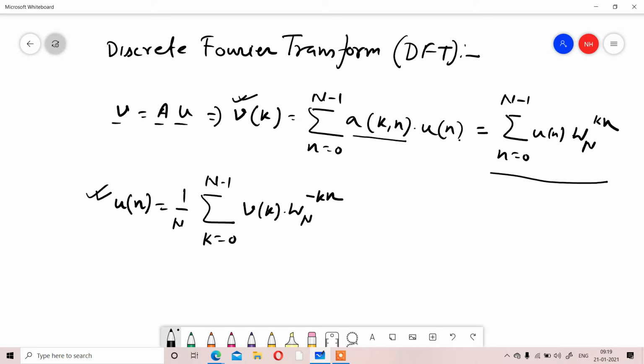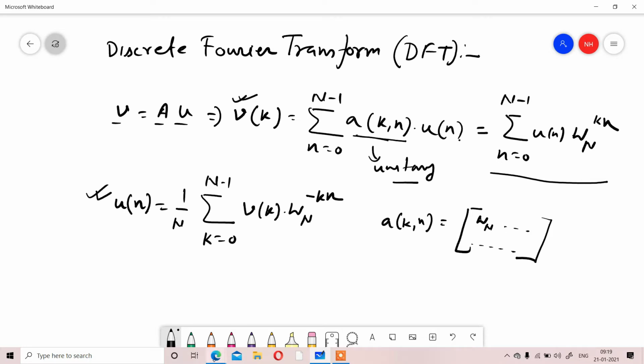Means A K n must be a unitary matrix for the discrete Fourier transform operation, and if we define A K n in a matrix format, what are the matrix elements we have got? The matrix elements are W N. Considering the W N matrix elements, you have got the matrix.